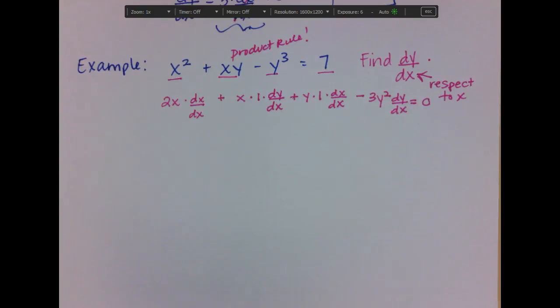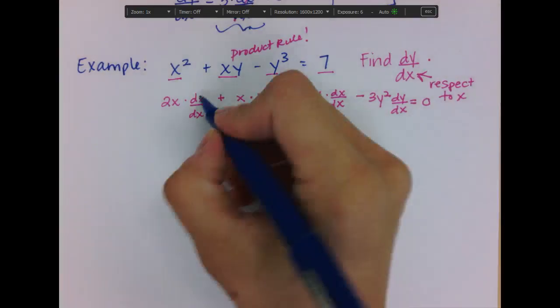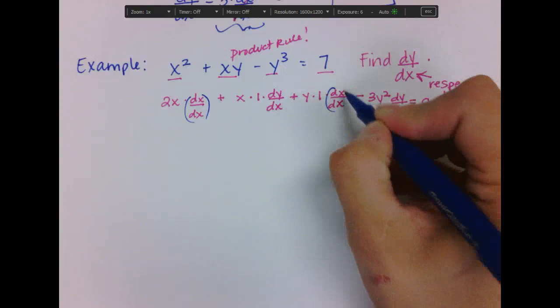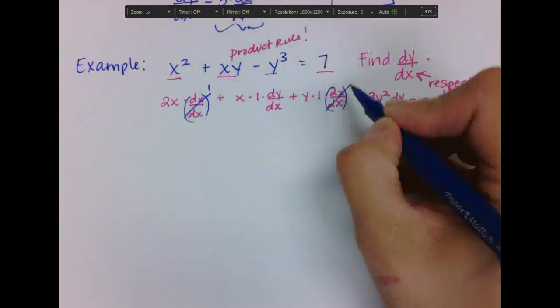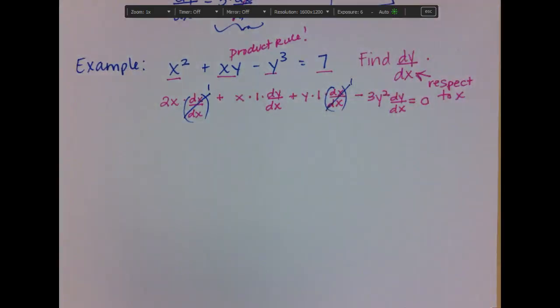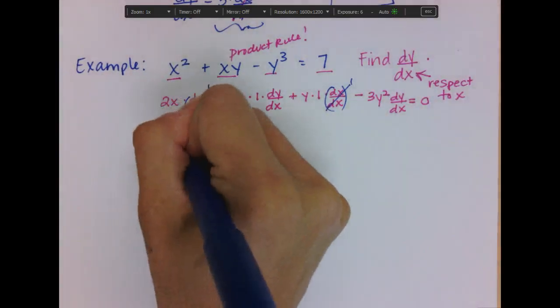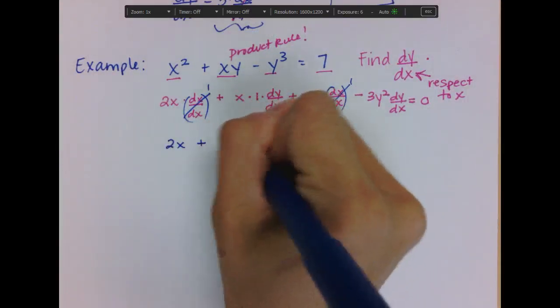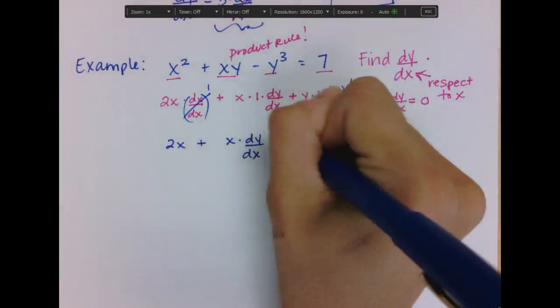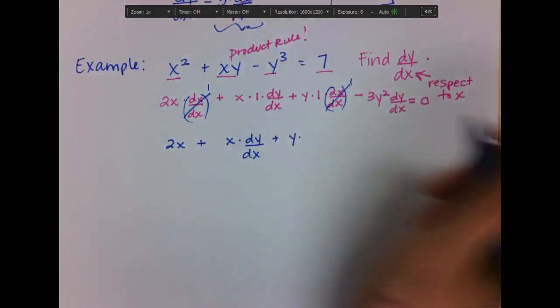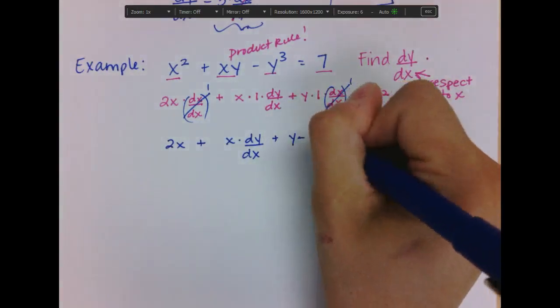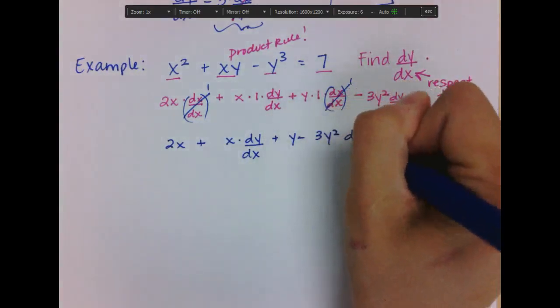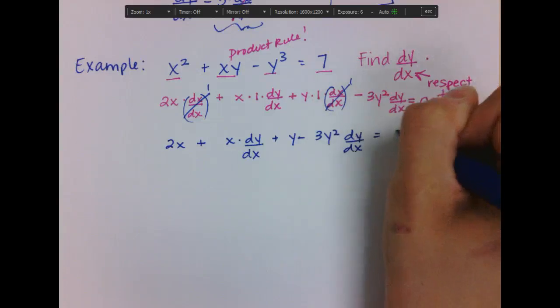In terms of cleanup, the dx's are just 1's, so those are gone. So really I've got 2x plus x times dy/dx plus y minus 3y squared dy/dx equals 0.